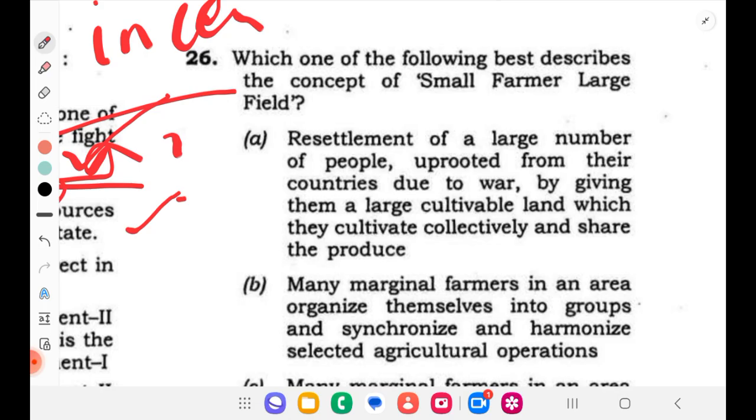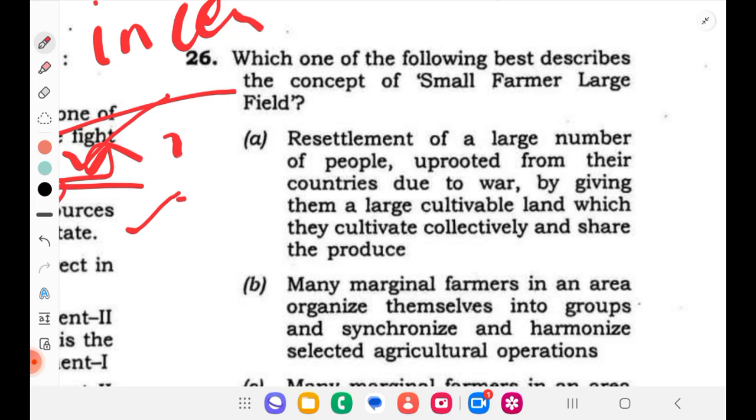Then public private partnership, where government, companies and private sectors together form it. Then land pooling, where government and farmers combine, whereas ownership is retained or returned in a new form. So these are all the different models of agriculture you should be knowing.